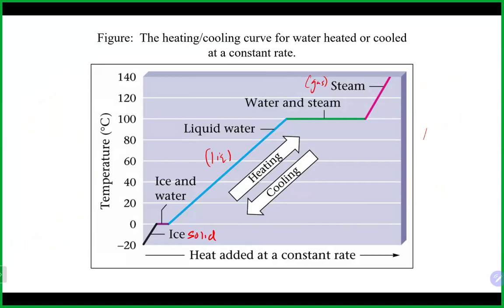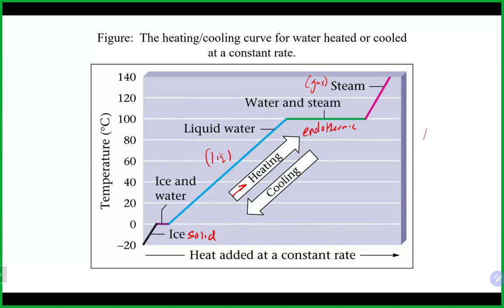Going in this direction here, we are heating, so we have an endothermic process occurring, right? You have to put heat and energy in as you're heating it up. If we have our ice cube, it'll pick up some heat and energy and start to melt. If you have liquid water and you put some fire underneath it, adding some energy to it, it will start to boil and create steam.